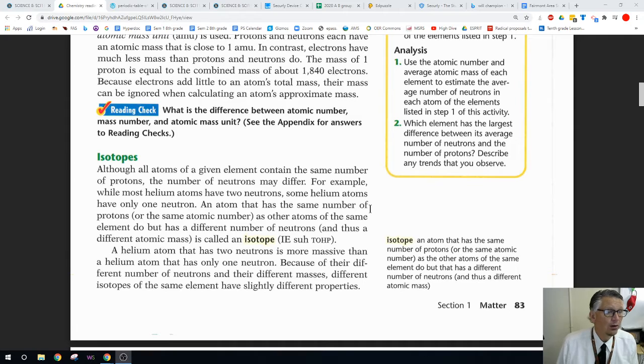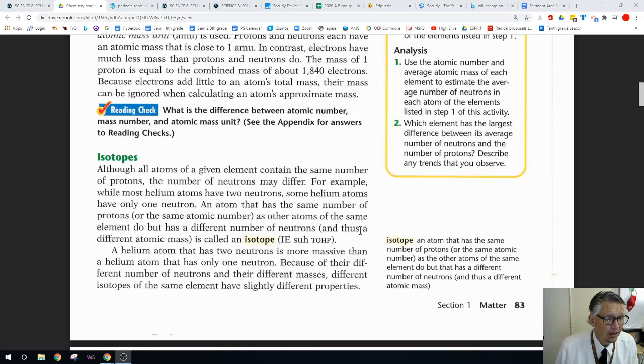Isotopes. Although atoms of a given element contain the same number of protons, the number of neutrons may differ. For example, while most helium atoms have 2 neutrons, some helium atoms only have 1 neutron. An atom that has the same number of protons, or the same atomic number, as the atoms of the same element do, but has a different number of neutrons, and thus a different atomic mass, is called an isotope.